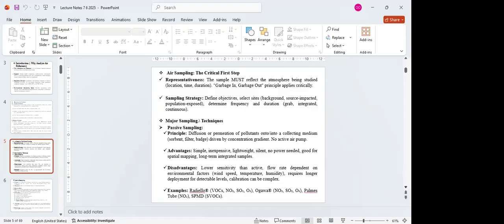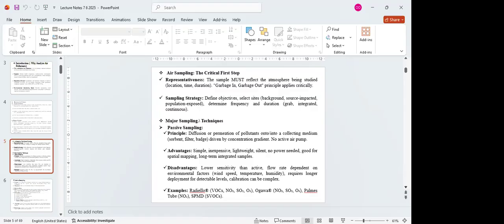At the end of the time you have proposed to sample, you come and pick it up and collect the material where it is deposited. You don't need any power. What I mean is you don't need electrical power to power any of these things, so power consumption is almost zero or near zero, as the case may be.